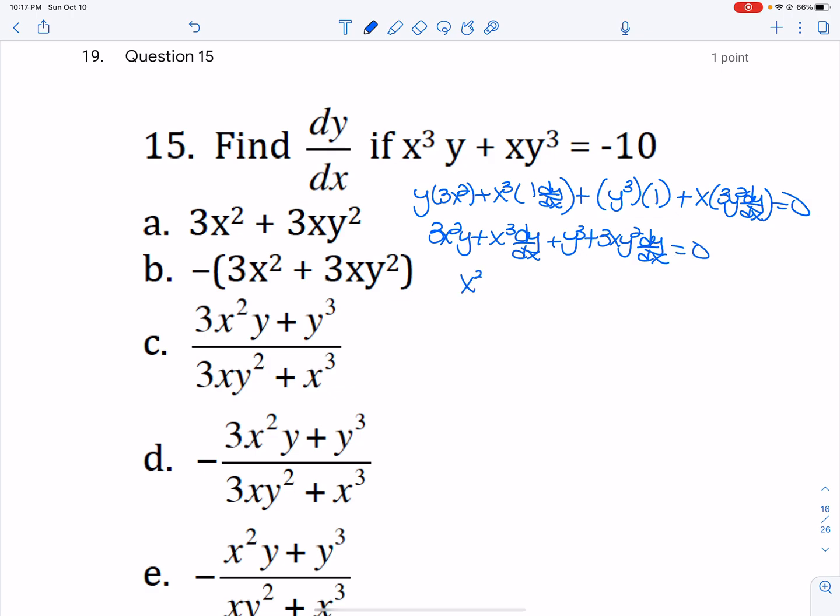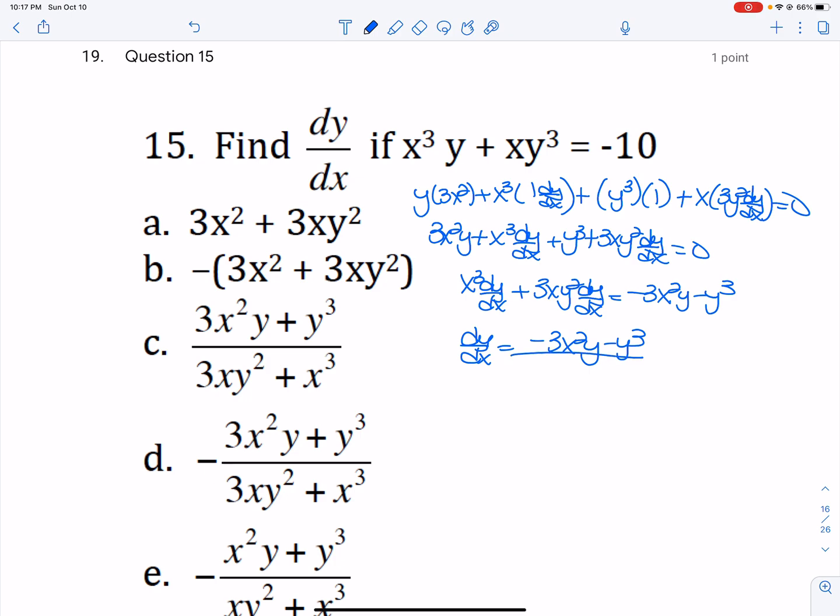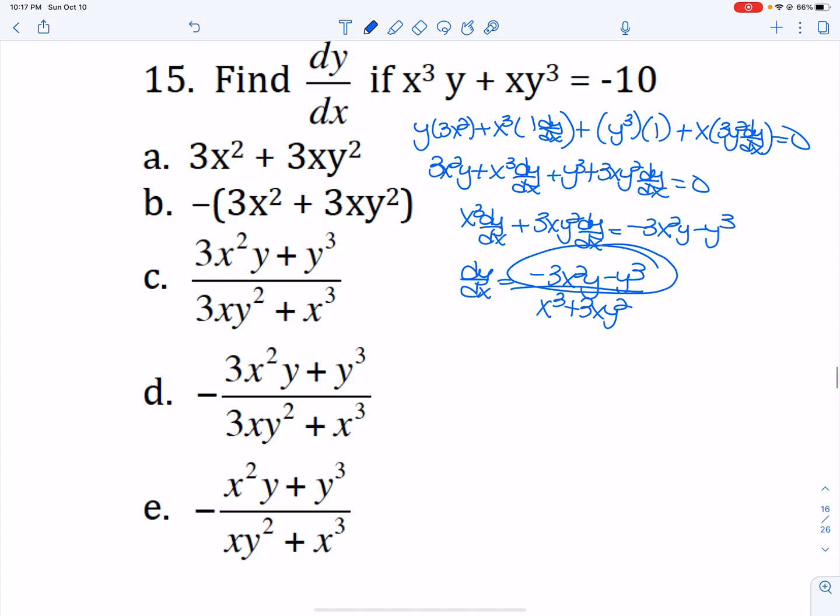So then I get x cubed dy dx plus 3xy squared dy dx is equal to negative 3x squared y minus y cubed. So then dy dx is equal to negative 3x squared y minus y cubed, all divided by x cubed plus 3xy squared. Now I can factor out a negative out of the numerator and make it positive. So then that would be, looks like this one right here. Okay.